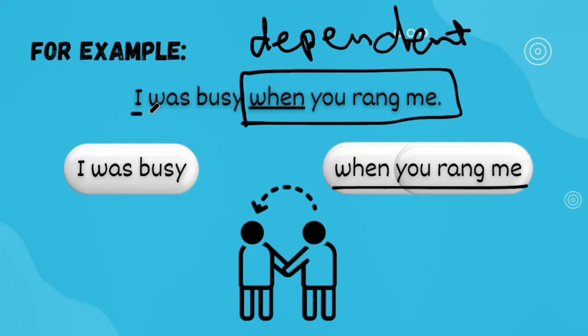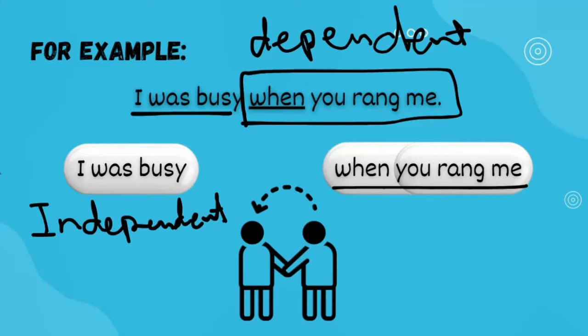And since this part of the sentence can stand alone, it can convey the complete meaning of something, we will say that this is an independent clause, right? So if you want to learn all this, please check out the video in the description box. I have given the explanation in quite simple words. You will easily understand it, and later you can teach this to your kids too.